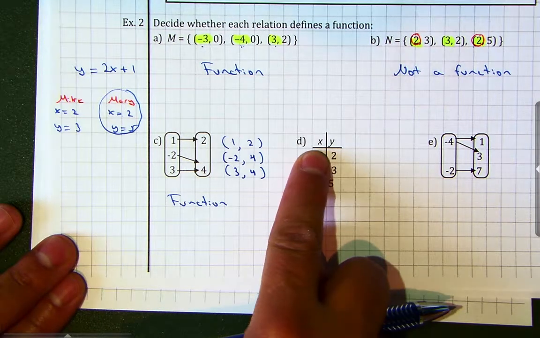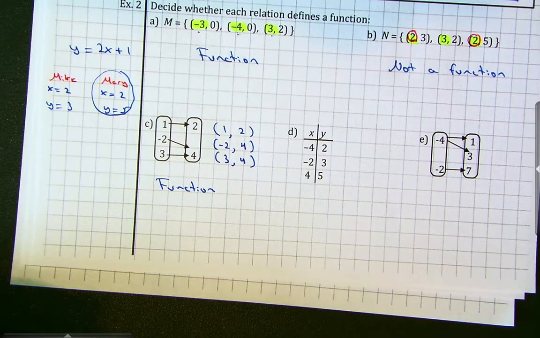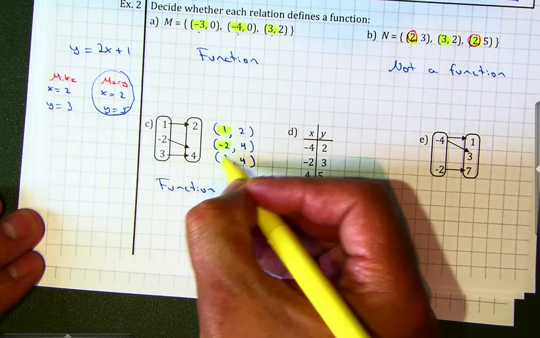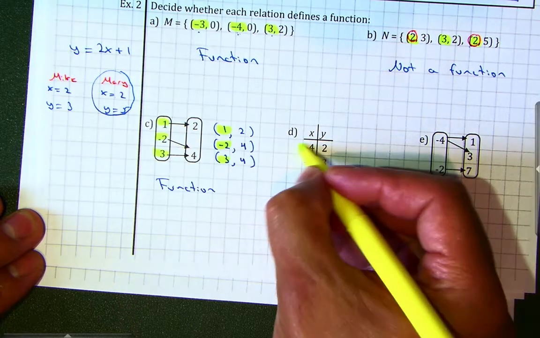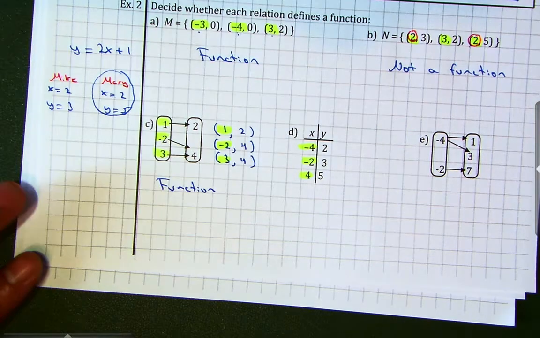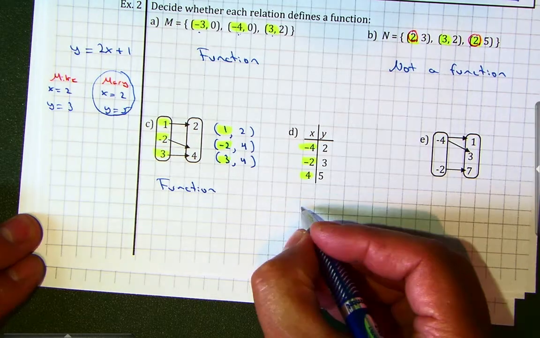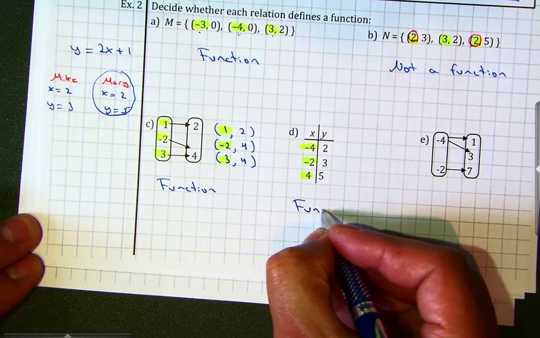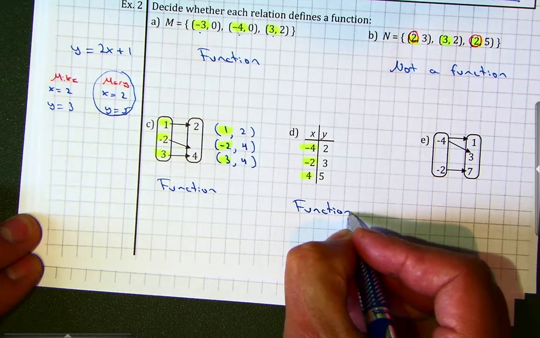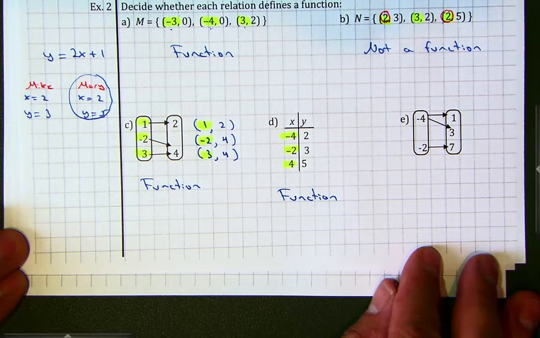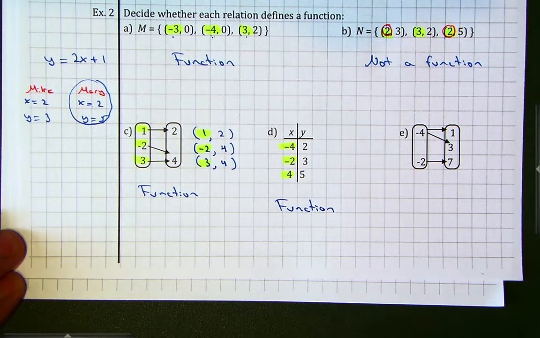Letter D, we're just going to be looking at the x values. Is that a function? Yeah, that's a function. None of them are repeated. Letter E, is that a function? No, not a function. And why not?